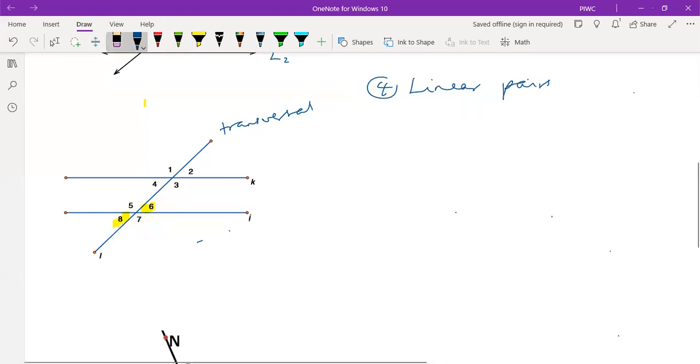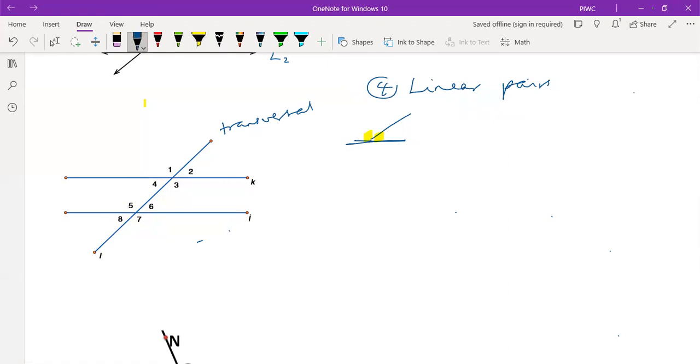The linear pairs are angles on a straight line. So if I take a straight line, this angle here and the angle on this side form a linear pair.